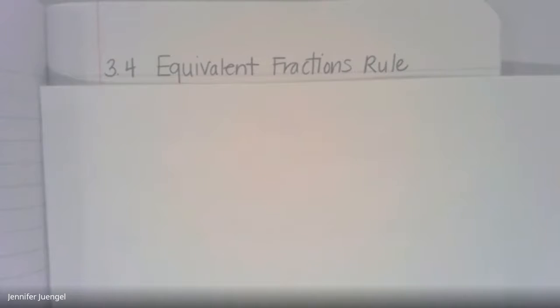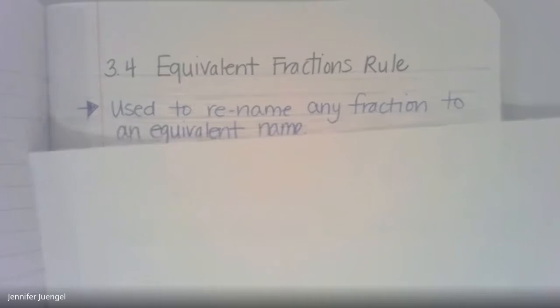The equivalent fractions rule is used to rename any fraction in the whole entire world to a different name, but it's still equivalent. It's like we talked about in our last lesson: you have a full name, but sometimes you might have a nickname. It still means you and still represents you as a person. It's just a different way of saying your name.